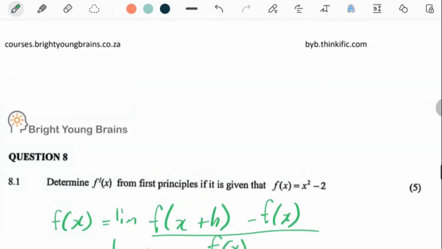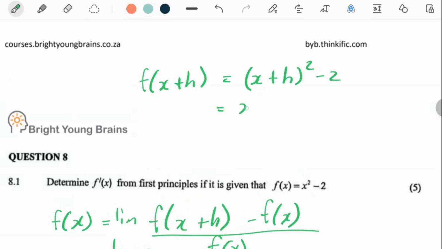So ideally what you want to do is work out what f of x plus h is. So it means in the equation of f, wherever you see x, you put x plus h there. You see? So this will give us x squared plus 2xh and then plus h squared minus 2.